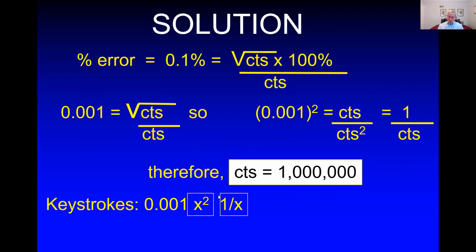So if you press your 1 over x key, it'll convert 0.000001 to 1,000,000. So the setup is identical to the previous problem. The algebra is a little bit more difficult, but if you square the whole equation, it becomes a pretty simple problem. Okay, any questions about either of those? Anyone?